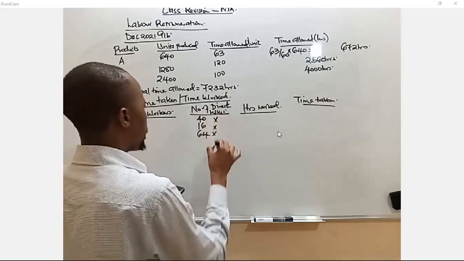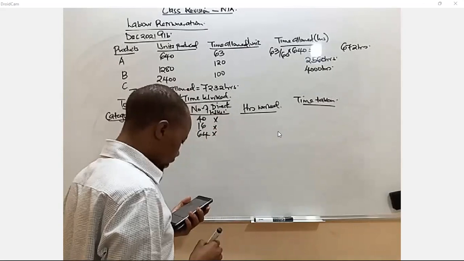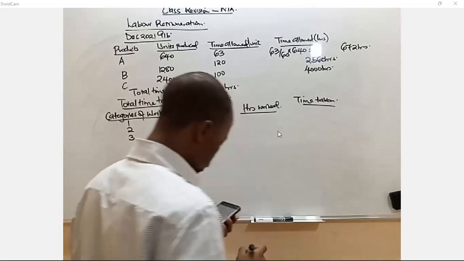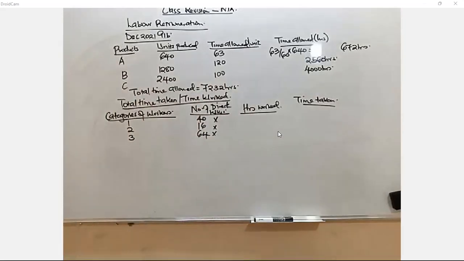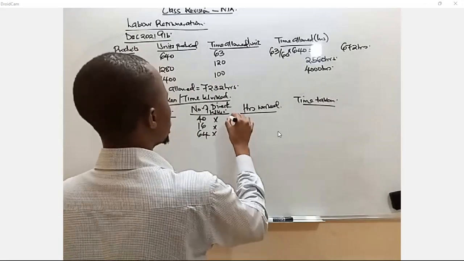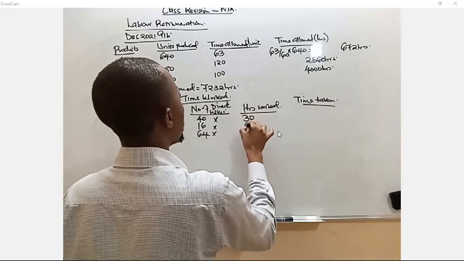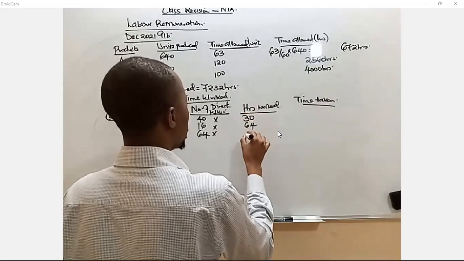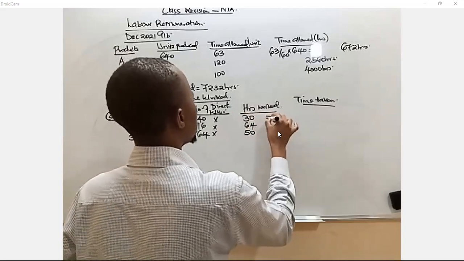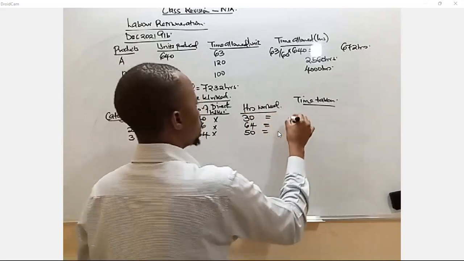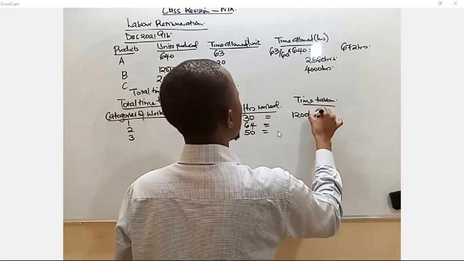This one we multiply by the hours worked, which we have 30, 64, 50. So the first one would be 1,200 hours.